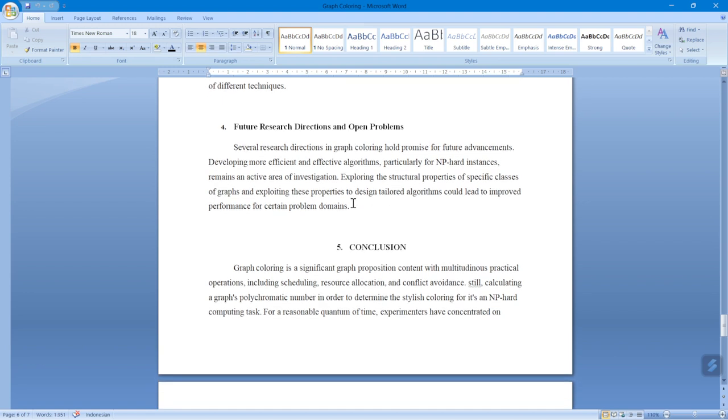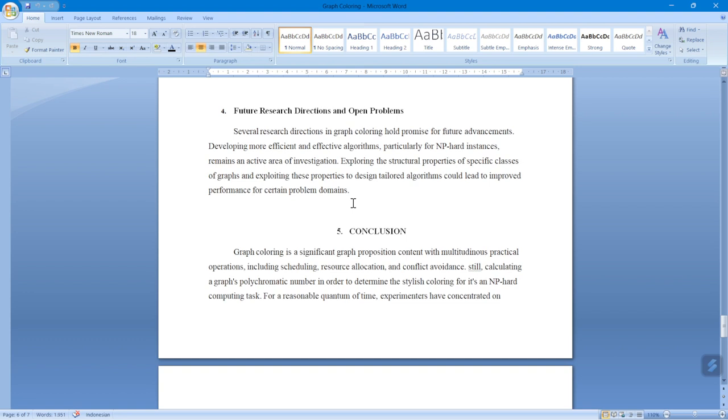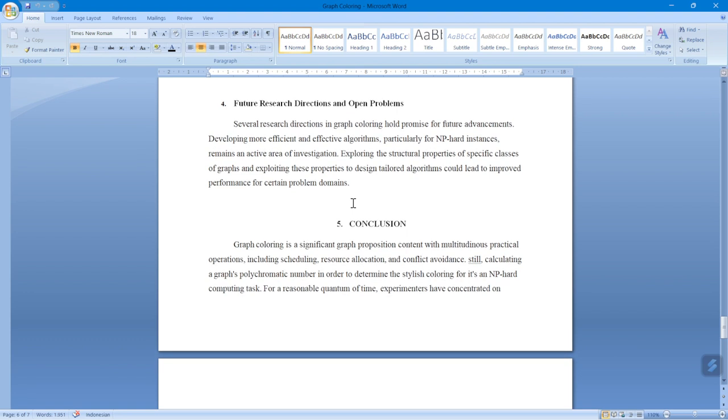Graph coloring is an important area in graph theory with many practical applications, including scheduling, resource allocation, and conflict resolution. However, computing the chromatic number of a graph to determine the best coloring is a computationally NP-hard task.